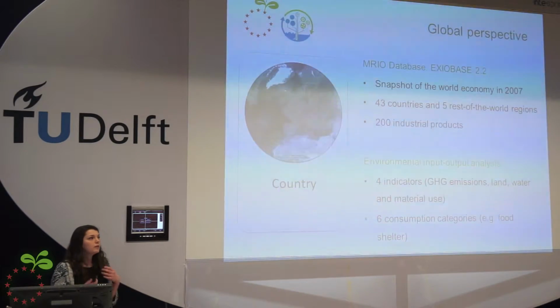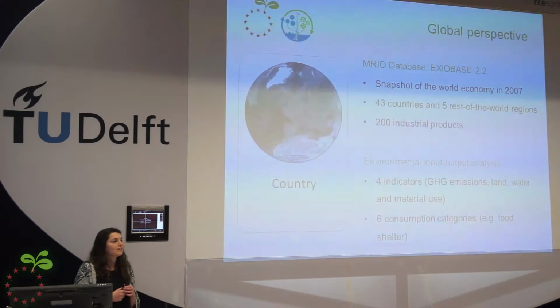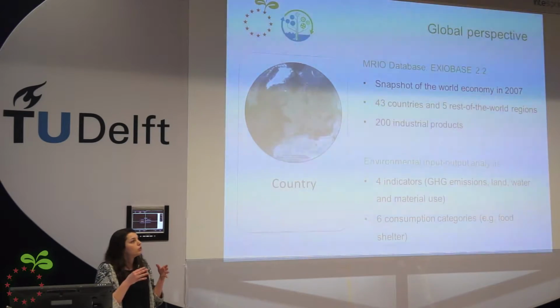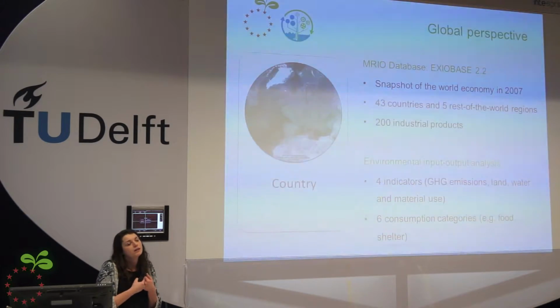So since we wanted to get this multi-indicator perspective of impacts, because this is what we've been advocating with our policy relevance analysis as well, that one shouldn't just pick one indicator, let's say greenhouse gas emissions, and focus their attention on that, because there are actually different environmental impacts that take place, and they're in some way connected.